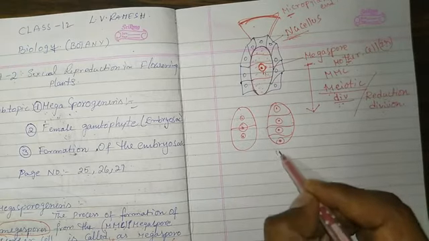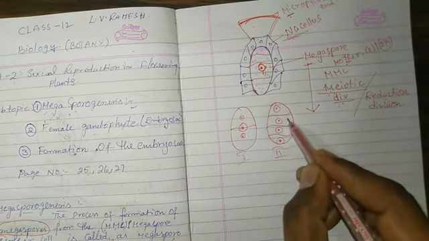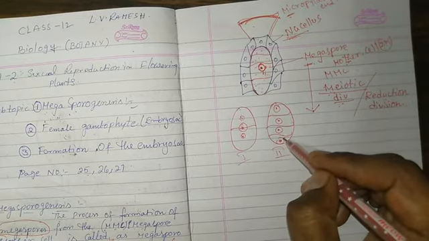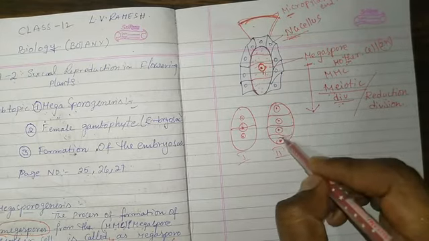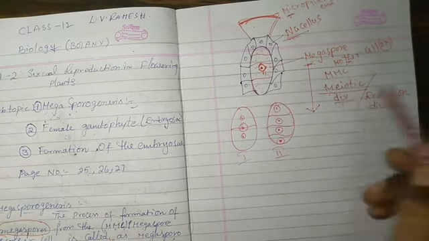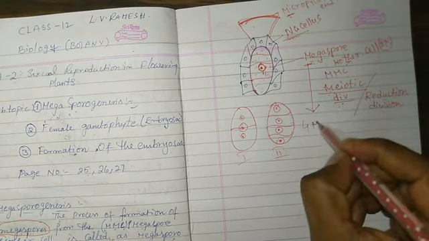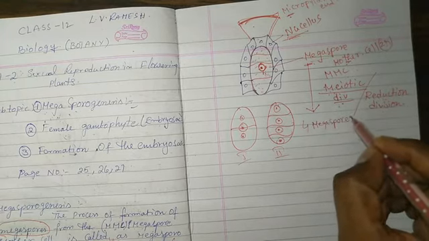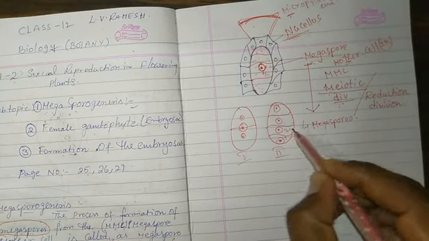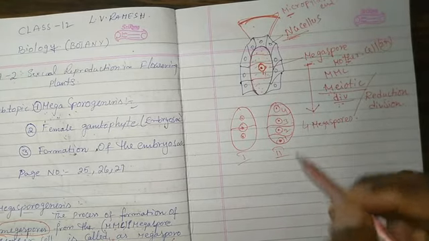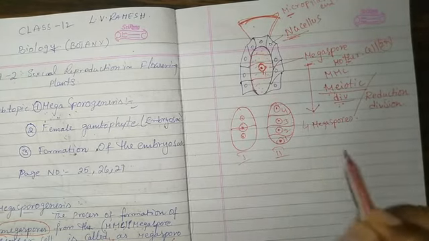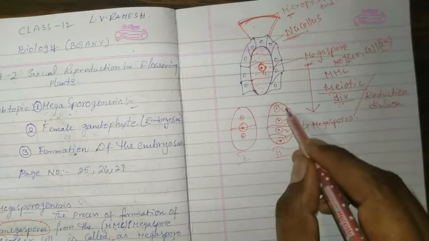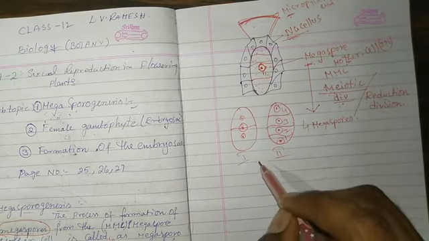In the second division, it forms 4 megaspores. How many megaspores does the megaspore mother cell form? 4 megaspores. Okay, so 1, 2, 3 and 4. In these 4, all are not functional megaspores.